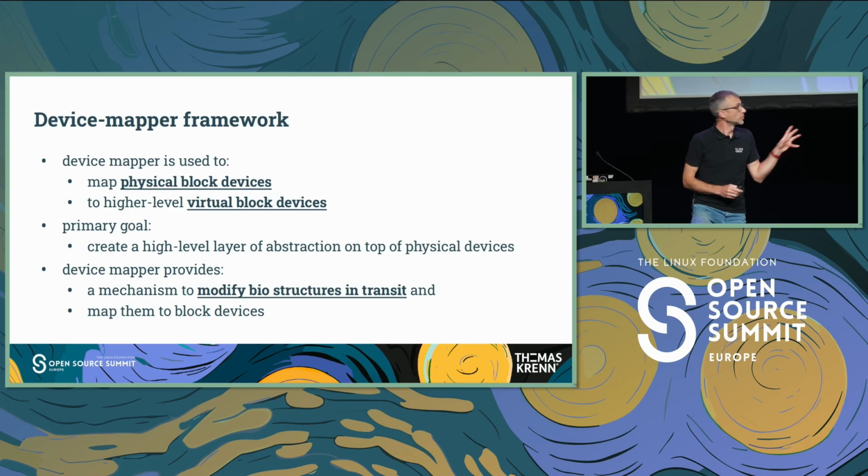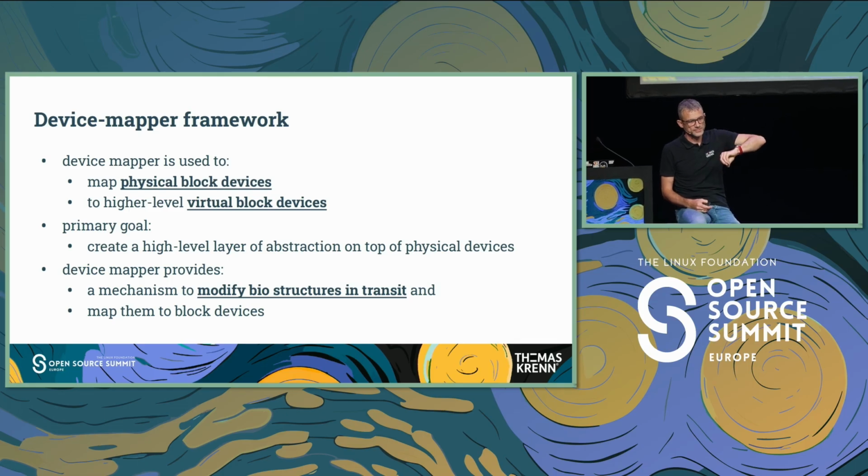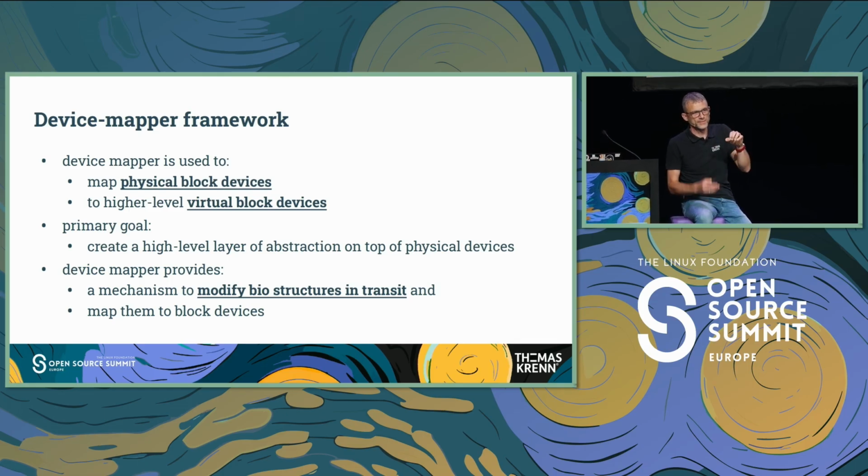For that, it provides a mechanism to modify those BIO structures that go down the storage stack while they are in transit, and then map them to block devices. So that's a good layer of virtualization that makes it very flexible to use for different things.